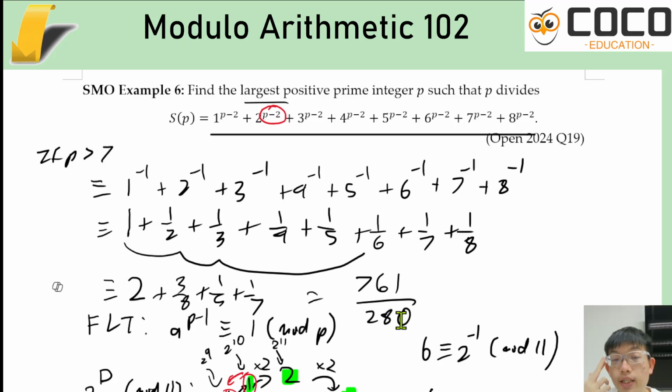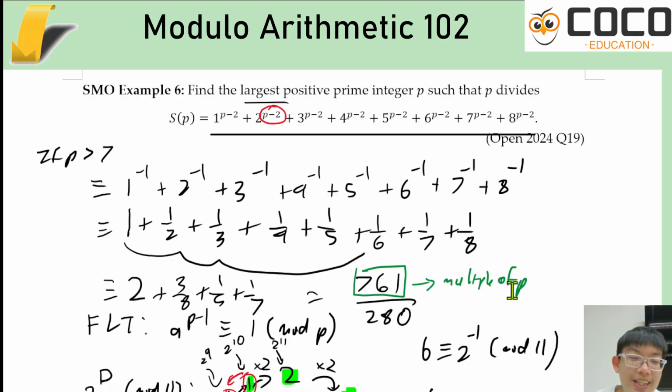Now that means that if I want this to be 0 mod my prime number, this should be a multiple of p. And a quick check, or not so quick check, will tell us that 761 is actually prime, and so that's why the answer is 761. Pretty amazing that this is actually permissible.